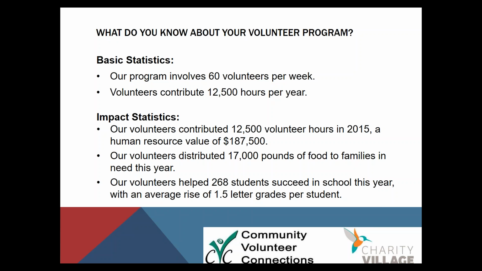What you don't know is your impact statistics. And if you do know your impact statistics, awesome, please contact me. I will put you on a list of amazing people, I'll give you a gold badge, because this is really amazing stuff when you find out about it. An impact statistic is stuff that you can often just calculate with math. Our volunteers contributed 12,500 volunteer hours in 2015, a human resource value of $187,500.